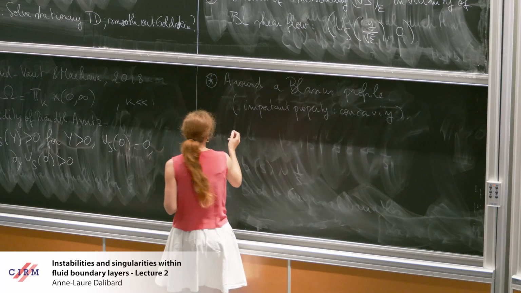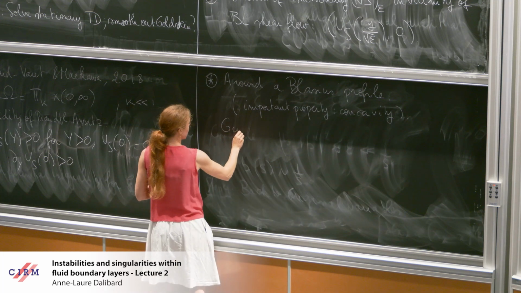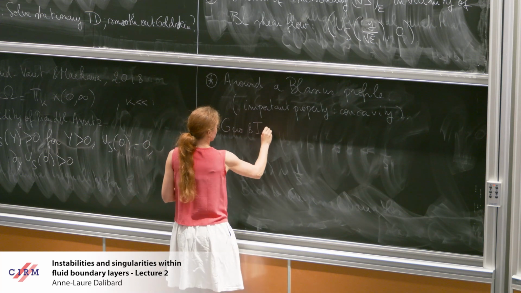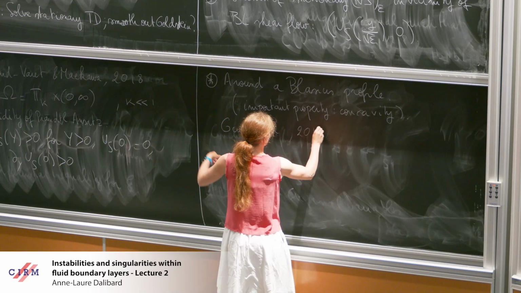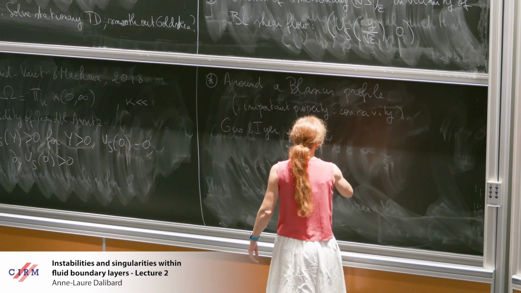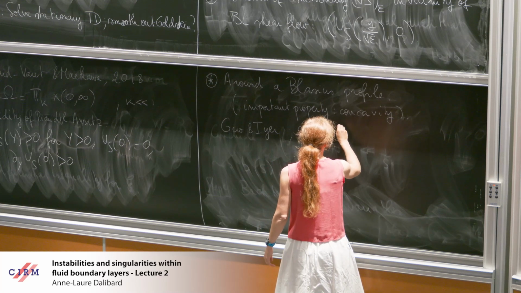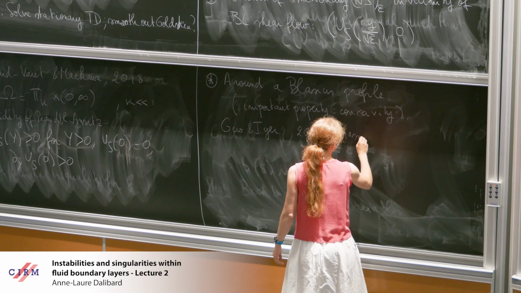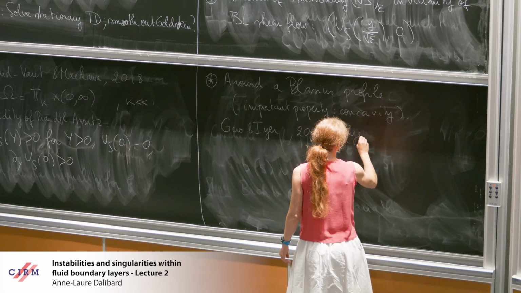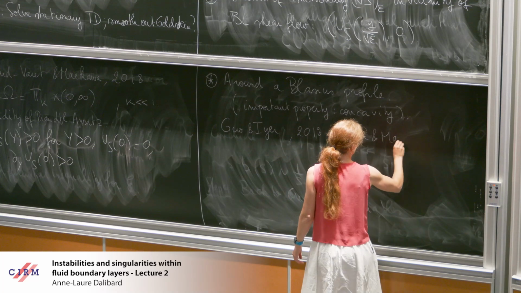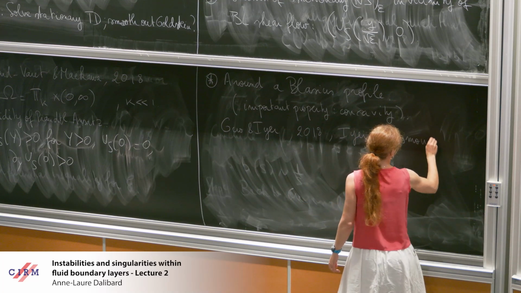So you have a first result by Guo and Iyer in 2018 as well, really around the same time as the Gérard-Varet and Maekawa paper. And then there is a later result by Iyer and Masmoudi, in 2020.